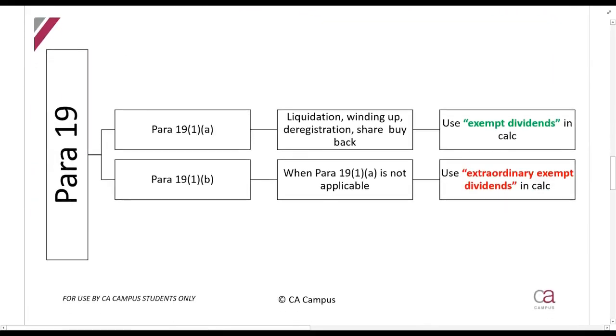Okay, now why is it important? Here we go. Paragraph 19 is split into two parts, 19(1)(a), 19(1)(b). 19(1)(a) applies to liquidations. 19(1)(b) applies to any situation where 19(1)(a) is not applicable. So, for example, sale of shares.